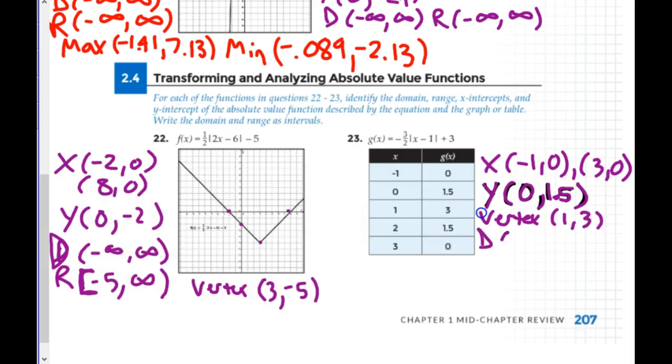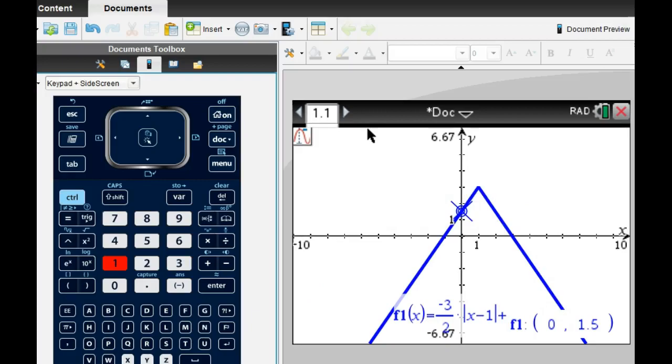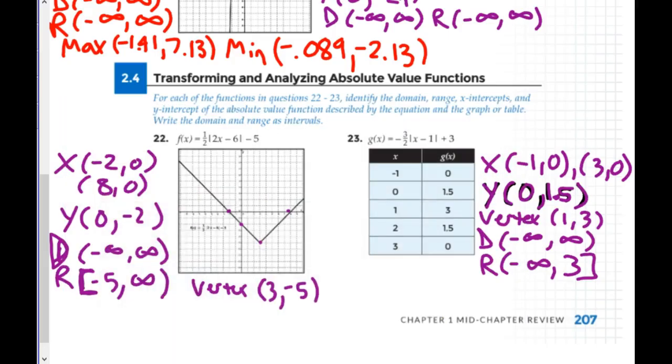And that would mean my domain is negative infinity to positive infinity, of course, but my range is going down forever, so negative infinity up to my vertex at 3 with the bracket. Alright, so I got vertex, y, and x, and domain and range.